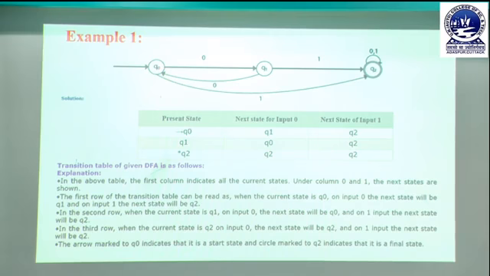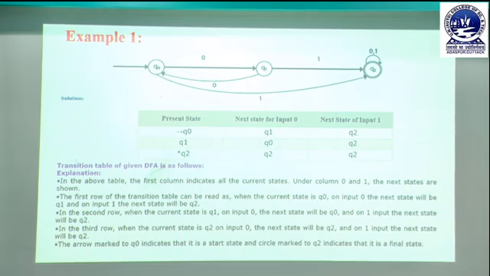Whenever q0 takes input symbol 0, it creates a state known as q1, which is written here. If the user gives 0 to the initial state q0, it goes to the new state q1. Similarly, if q0 takes another input symbol 1, it goes to q2, which is mentioned here.